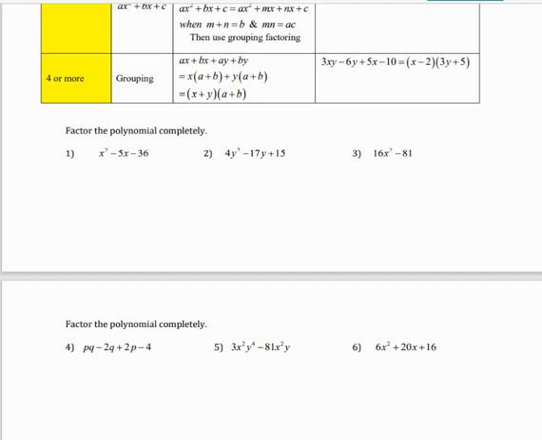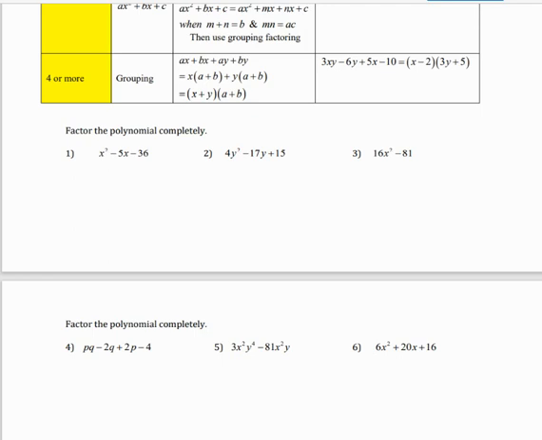So why don't I do number 3. Number 3 says 16x squared minus 81. So right there, the first thing I do is check for a GCF. Well, the factors of 16 are 1, 2, 4, 8, and 16. Does that go into 81? No. So there's not a GCF. So instead, we recognize, okay, there are 2 terms.